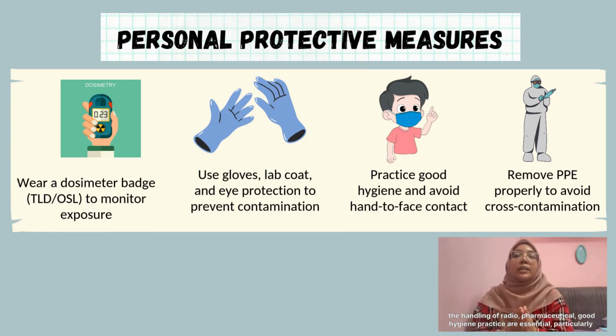Good hygiene practices are essential, particularly avoiding hand-to-face contact and performing frequent hand washing, especially after handling radioactive syringes or working in the hot lab. Although personal protective equipment does not eliminate exposure entirely, it significantly reduces the probability of contamination and enhances overall safety.